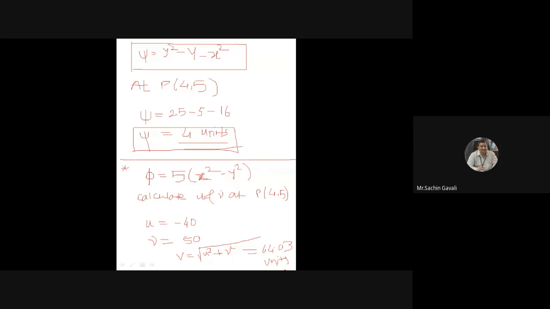Okay, now shall we go to next? This is also a very simple numerical. Psi is equal to 5x minus 6y. Calculate velocity components and magnitude and direction of the resultant velocity. Psi is equal to 5x minus 6y.